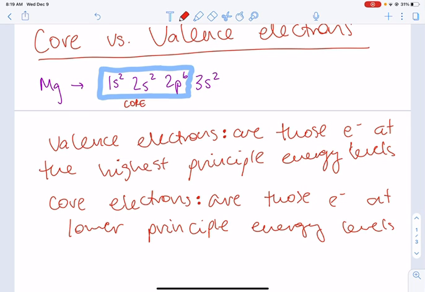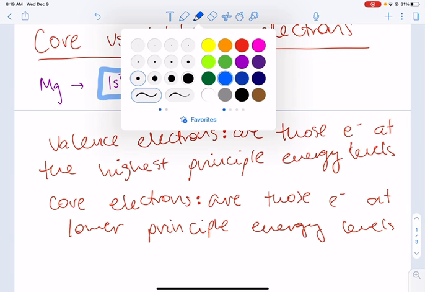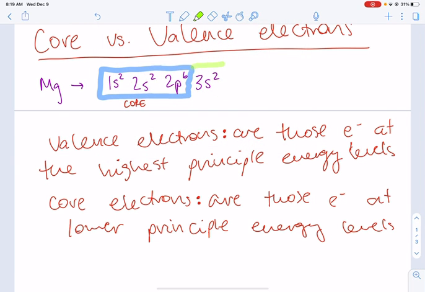Those include the 1s and the 2s and the 2p electrons, whereas the valence electrons are going to be those at the highest principal energy level. So it has 2, 4 plus 6 is 10, so 10 core electrons and 2 valence electrons.